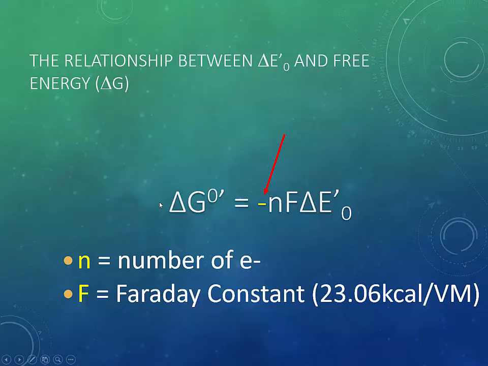The key to solving this equation is determining which material will be a reductant, which material will be an oxidant, and then realizing you can use this equation to calculate a delta G. And once we have a delta G, we can calculate a theoretical creation of ATP.